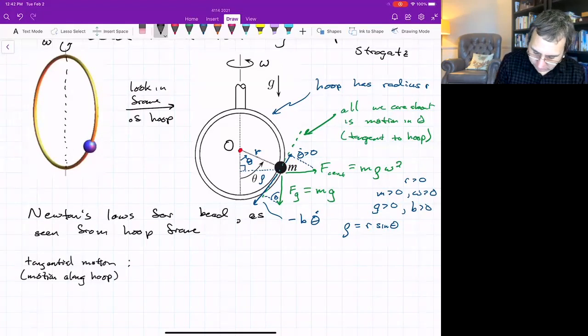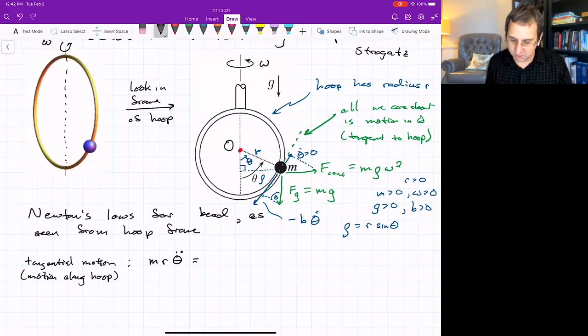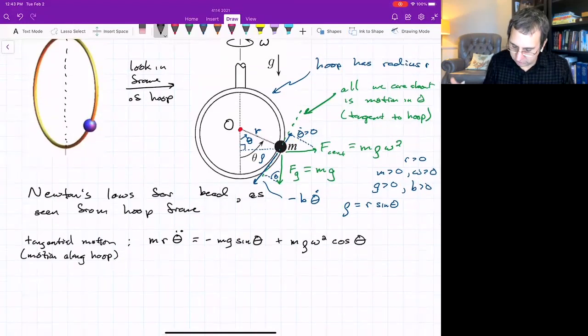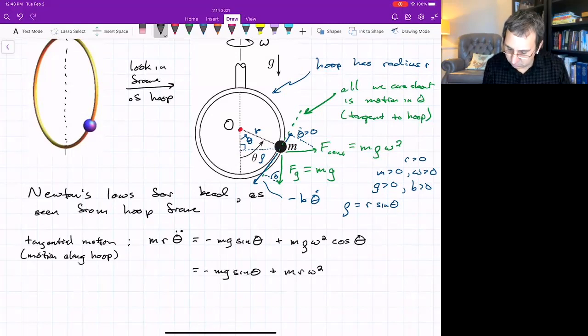That component will give us mass times acceleration, which is m r theta double dot, equals the forces projected onto here. If we look at the forces, the force of gravity projected onto here gives us minus mg sine theta. The centrifugal force is m rho omega squared cosine theta. Plug in what rho is, so we get minus mg sine theta plus m r omega squared sine theta cosine theta.